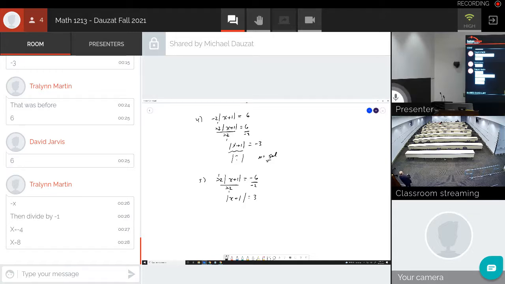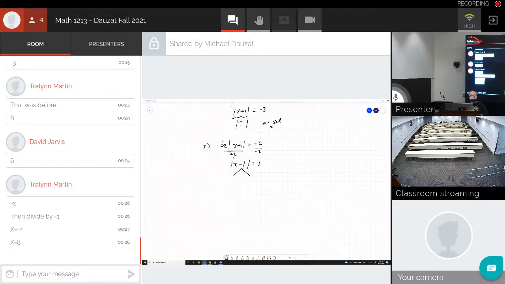So that's one of your solutions. You can tell me the other. Negative 4. Negative 4 plus 1 is what number? Negative 3. What's the absolute value of negative 3? 3.